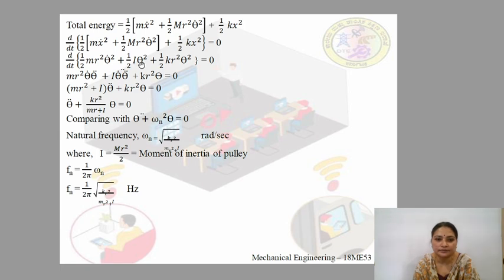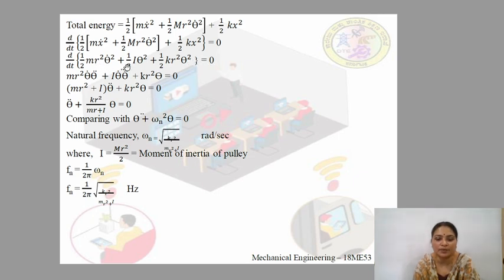Here the equation for the pulley, which has a mass m, is written in the form of I, where I is the mass moment of inertia and it is nothing but m r square by 2, plus 1 by 2 k, substituting again x as r theta, k r square theta square is equal to 0.